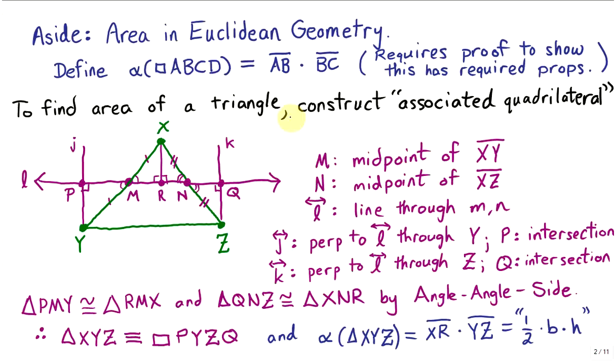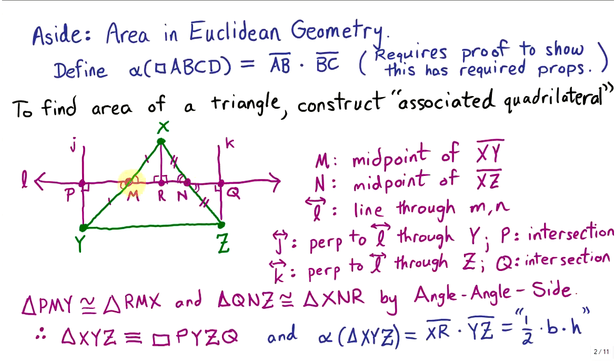Then, to apply this definition to other figures, such as a triangle, there's a construction that creates an associated quadrilateral to a triangle. So, for example, let's say you have an acute triangle, XYZ, we perform the following construction. Find the midpoint M of the side XY, and construct the midpoint N of the side XZ.